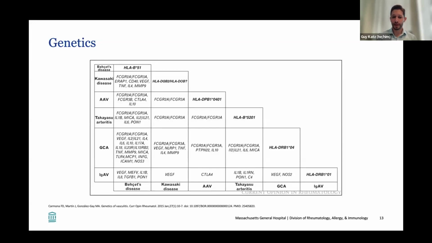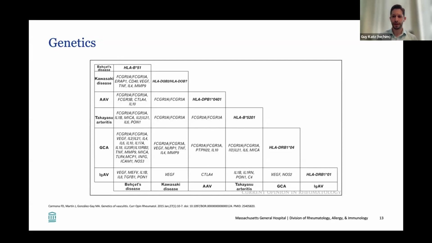So this is just an illustration of the many genes, and there are more than these known now, but some of the genes that are known to be associated with different vasculitis syndromes. You can see that some of them have a lot of known associations, some of them less, but there are known genetic risk factors for just about all of the vasculitis syndromes, some of which overlap with each other.